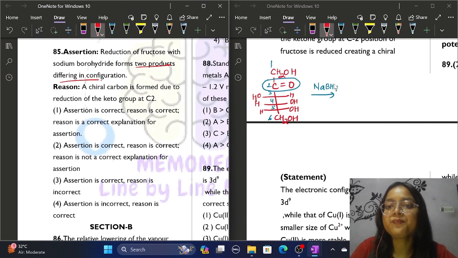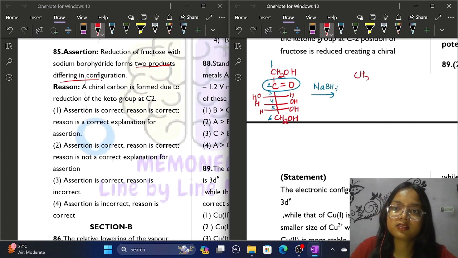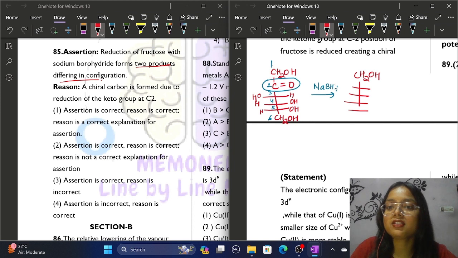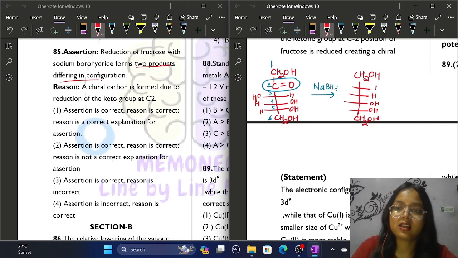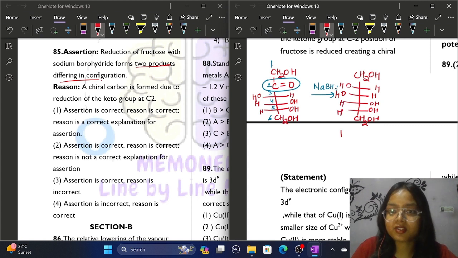So let's draw the two products first. We'll come to the reason afterwards. We first have to draw the products. Six carbons are there here, OH, OH, H and H. This product is known as mannitol.